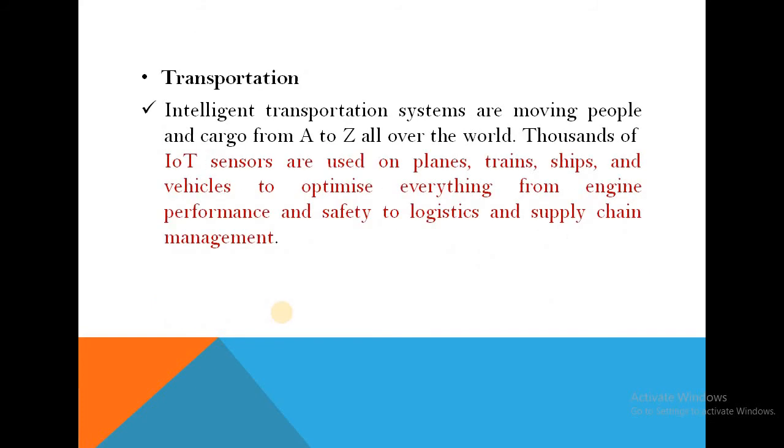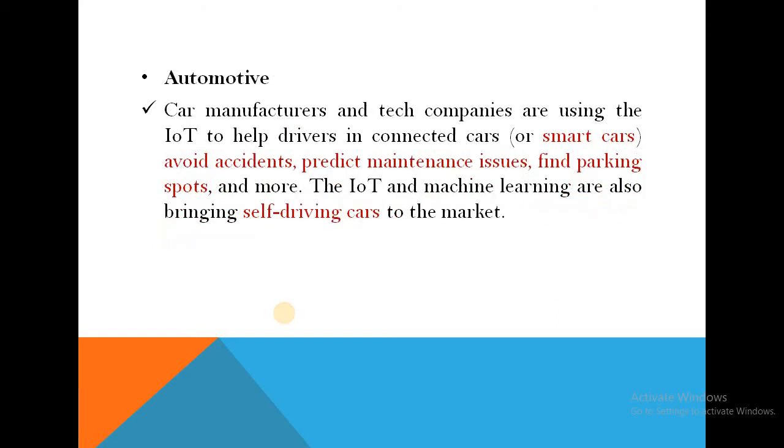In transportation, intelligent transportation systems are emerging. IoT sensors are used on planes, trains, ships, and vehicles. We even have smart cars, optimizing everything from engine performance and safety to logistics and supply chain management.